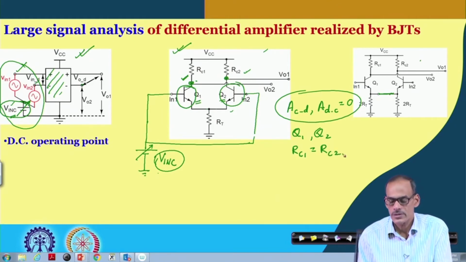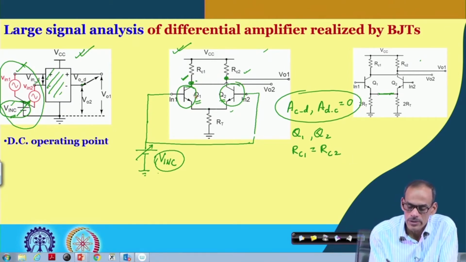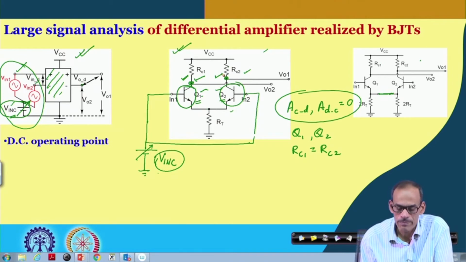And since they are identical, probably we can consider the entire circuit together. In fact, since these two are identical and these two are identical, we can say that the voltage here and the voltage here will be the same. So, we can simply consider a folded circuit, where Q1 and Q2 we can overlap together, and then we have RT here.